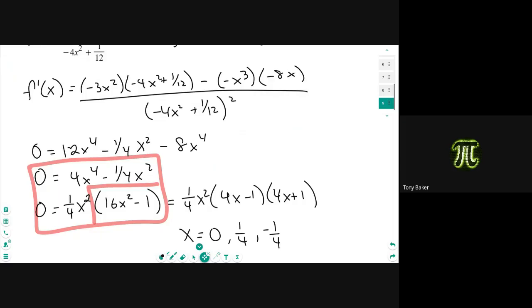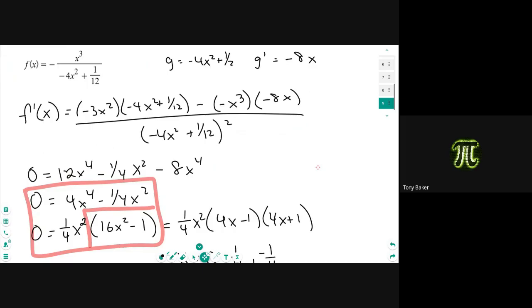Now, however, and this is where, again, understanding what's going on and figuring things out matters, where the denominator doesn't equal 0 for the derivative, that piece or each of those pieces has to also be in the domain of the original function, right? What do you notice about the denominator of this derivative and the denominator of the original function? They have the same factor. They're basically the same. The only difference is the denominator in the derivative is squared.